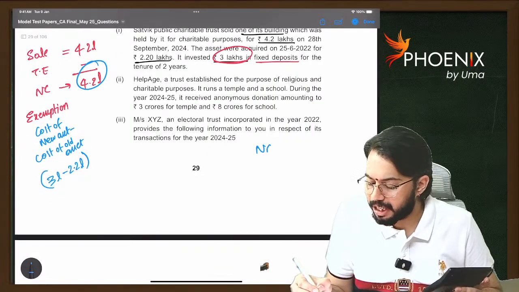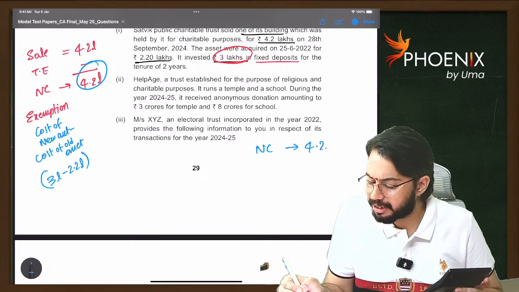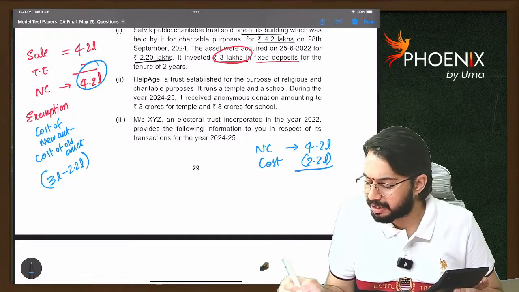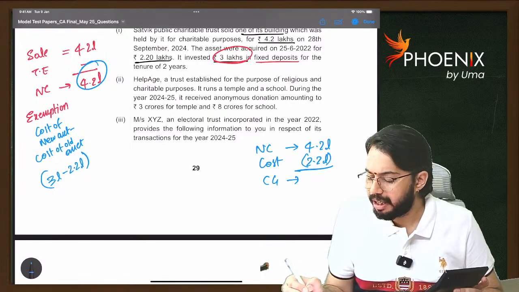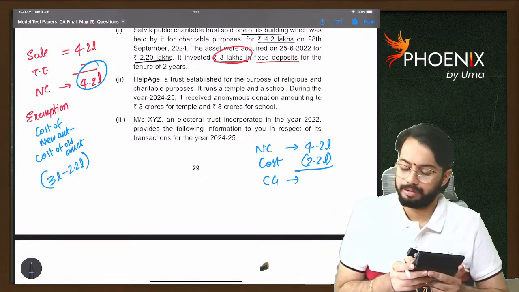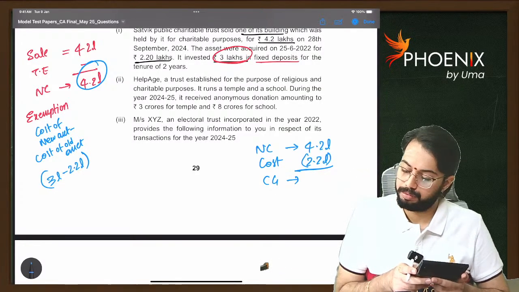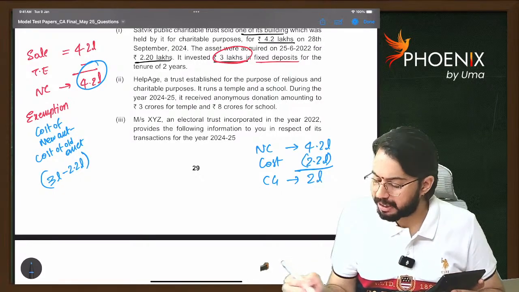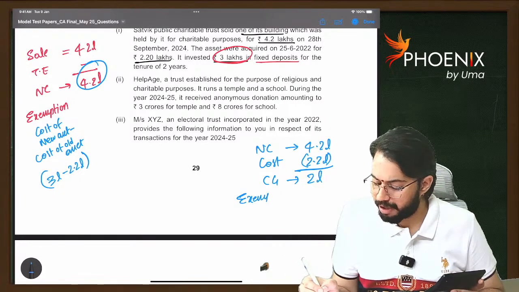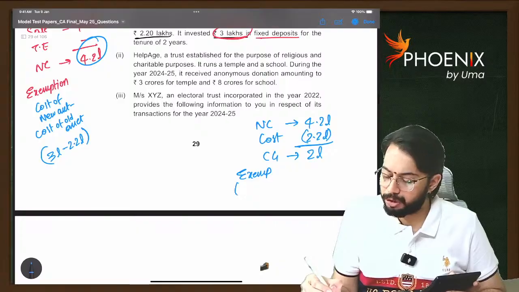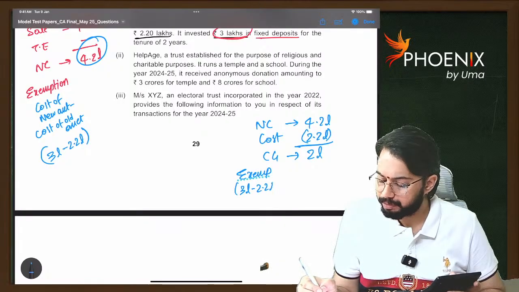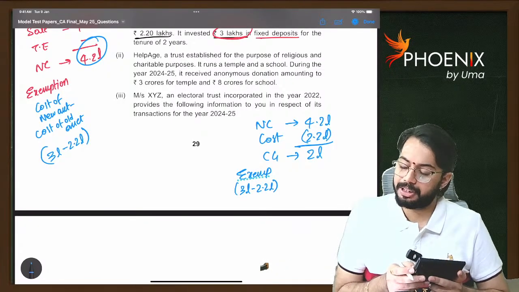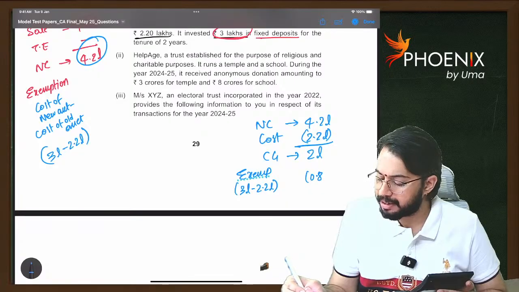So, net consideration is 4.2 lakhs. From this, we will claim cost. Cost is 2.2 lakhs. How much is capital gain? Capital gain is 2 lakhs. From this capital gain, exemption is equal to 3 lakhs minus 2.2 lakhs. How much? 80,000. 0.8 lakhs is exemption.